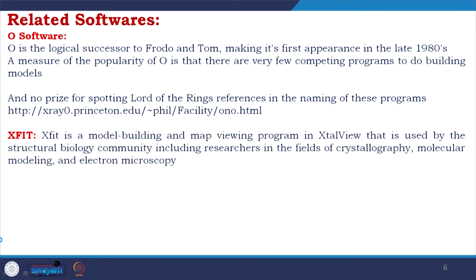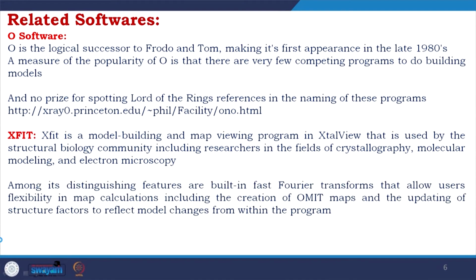XFIT is a model building and map viewing program in CrystalView. As I talked about, it is a module of CrystalView that is used by the structural biology community, including researchers in the fields of crystallography, molecular modeling and electron microscopy. Among its distinguishing features are built-in fast Fourier transforms that allow users flexibility in map calculation, including the creation of omit maps and the updating of structure factors to reflect model changes from within the program.